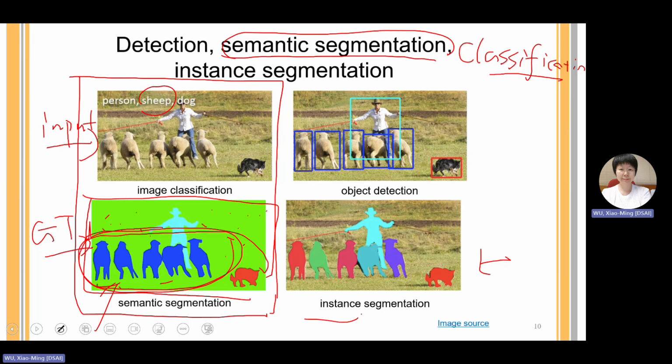But instance segmentation requires the differentiation between individual objects.